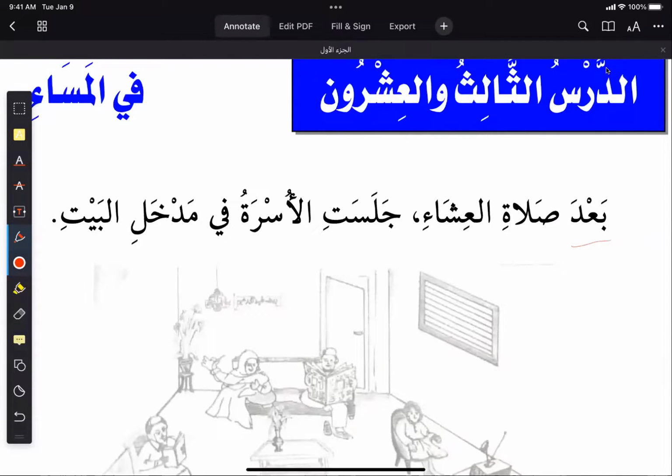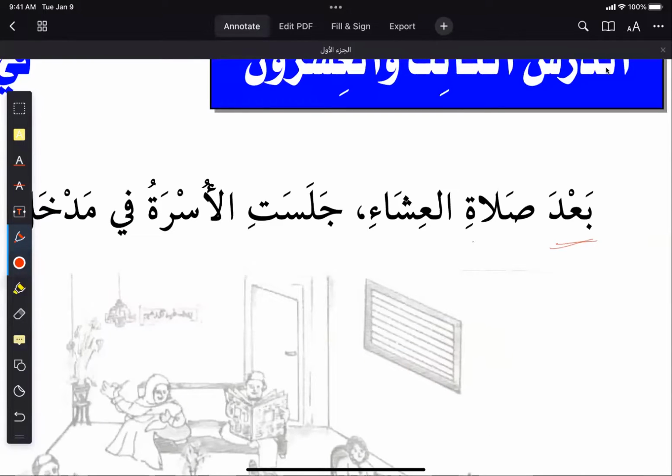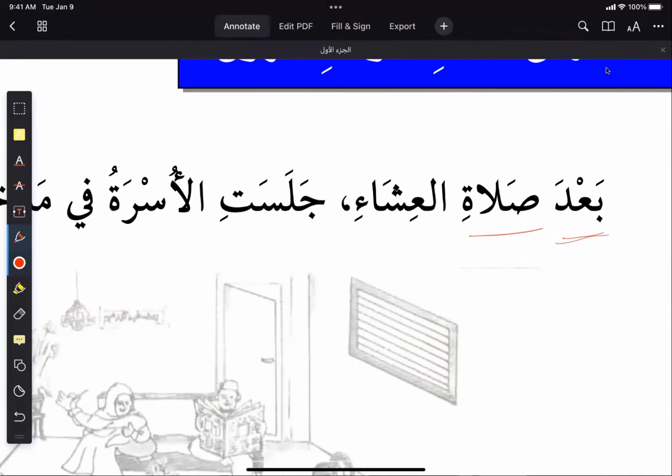They're ظرف, adverbs, and this type of adverb always comes in an إضافة construction. So this would be the مضاف, and this would be مضاف إليه. بعد الصلاة, same thing with قبل الصلاة, أمام المسجد, right? We talked about those things.